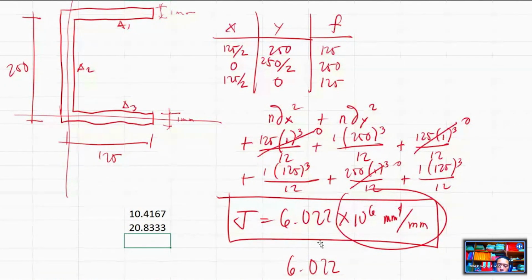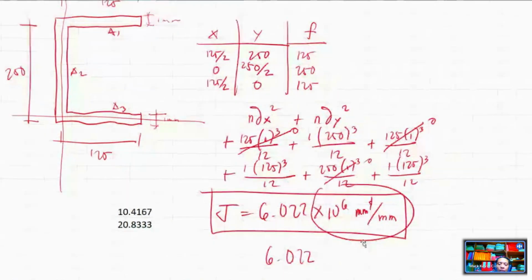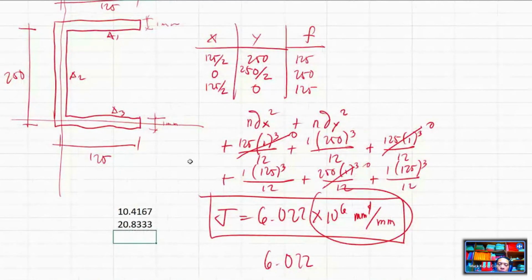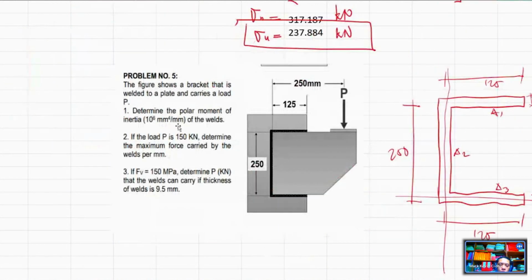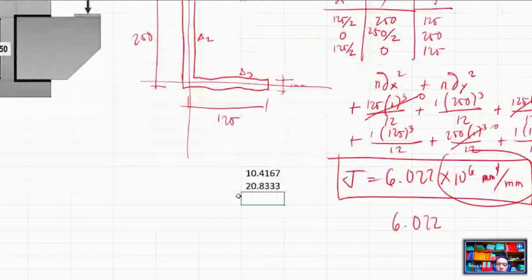This will not really change the value of your J. So we can also omit it. Take note that this is per mm, because our assumption is that the width of the weld is 1 mm. That's why the unit is per mm. Okay, that's your J. Any questions?